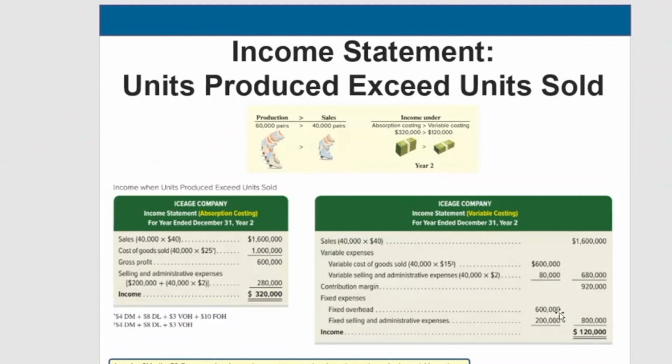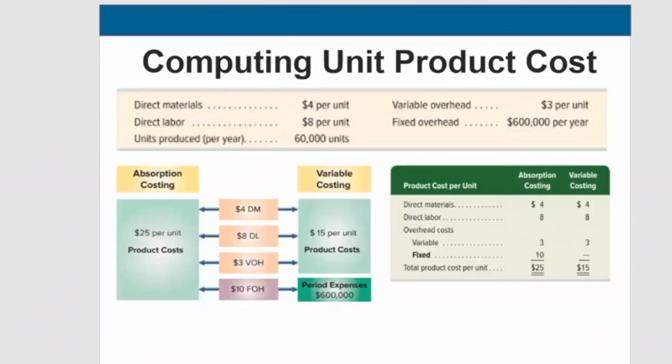Well, fixed overhead, 600,000, and fixed selling 200. What is the difference? For this fixed overhead, we're using the whole darn 600,000. Where's the fixed overhead over here? $25, right? But only times what? For the fixed overhead, it's only based on the units sold, which is 40,000. But that was if we divided it up among the units produced. Fixed overhead was $10, but that's only because we divided it by the 60,000 units.